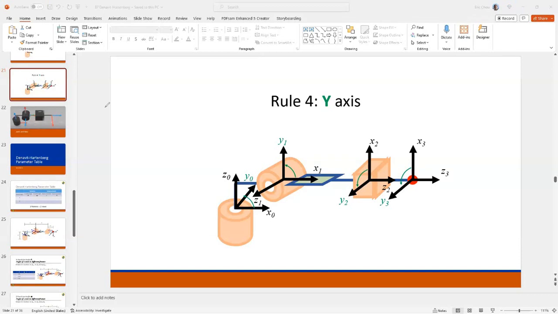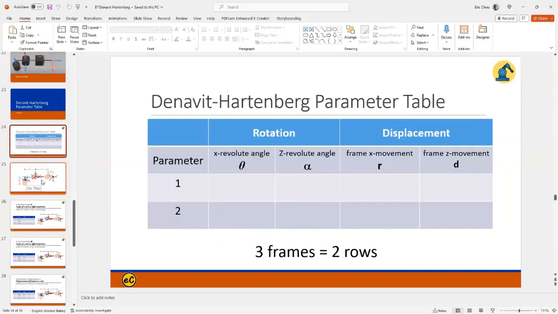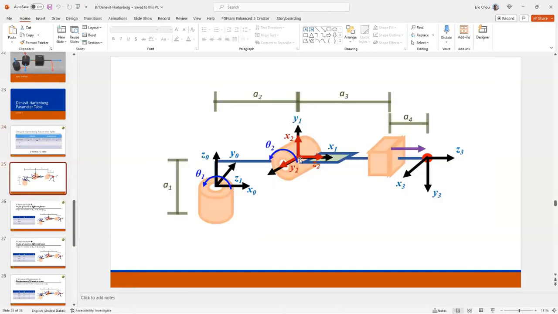But since the distance between S2 and S1 is fixed, we can move this frame to here, and then put an extra extender and distance A in the middle. So we can move the X2 frame to overlap with the S1 frame, but they have an orientation difference.